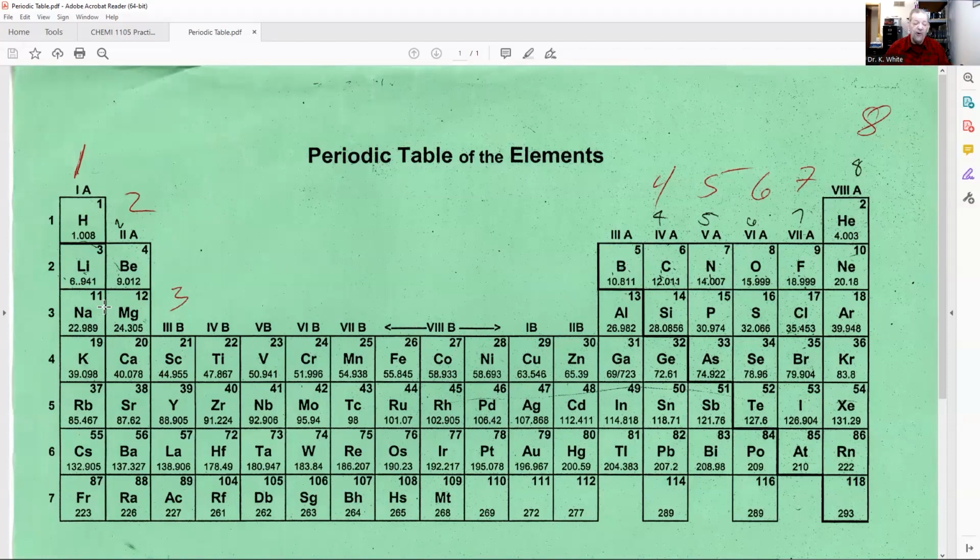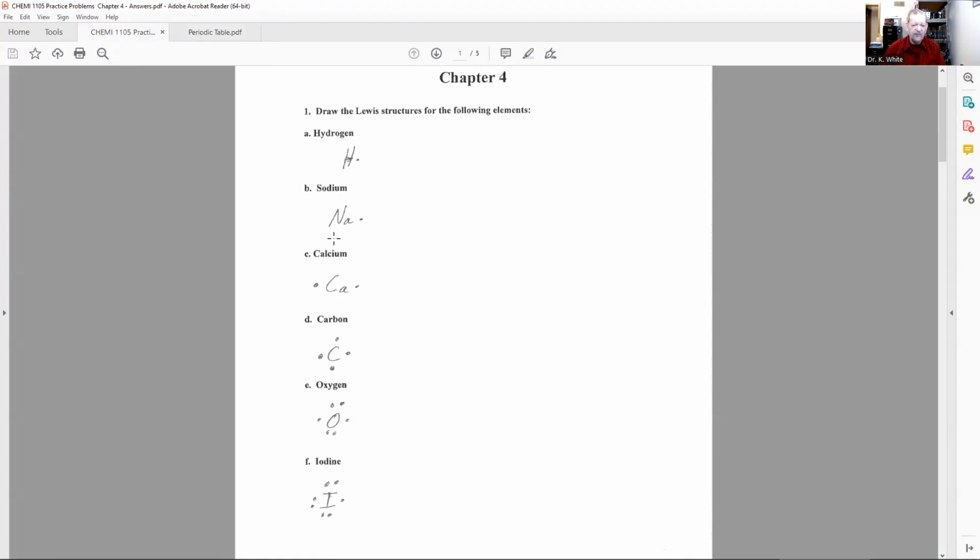You go to the top of the column of the periodic table and look for the number 1. That means sodium, Na, has 1 valence electron. There are 4 different ways you can do it. Here's one way on the answer sheet. One side, any side, has 1 dot.